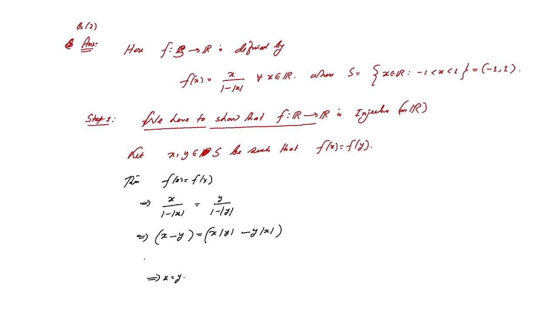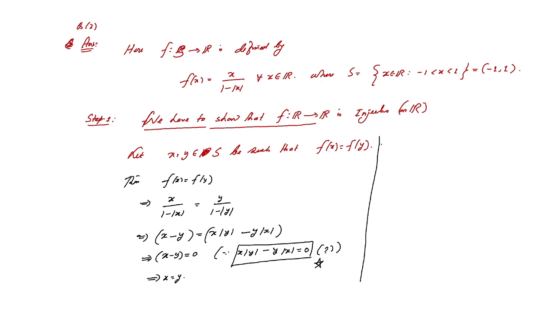And in that case we have to prove here x minus y equals 0, since x into mod y minus y into mod x, that will be 0. But the question is why that will be 0? Why this value will be 0? How to prove it?